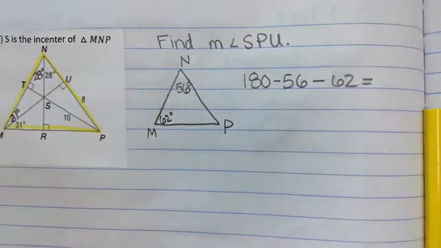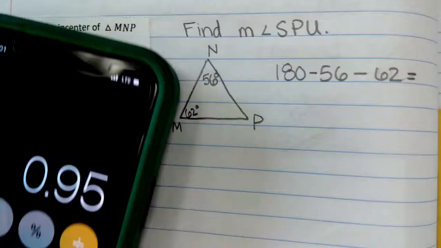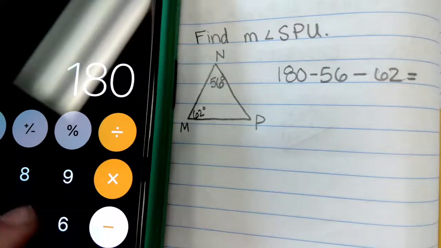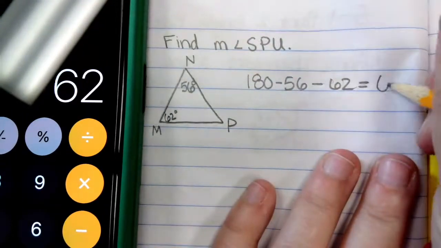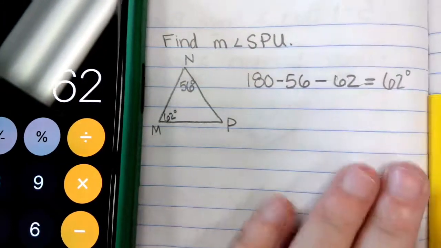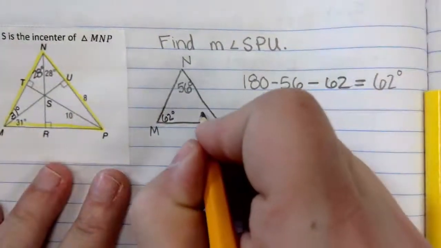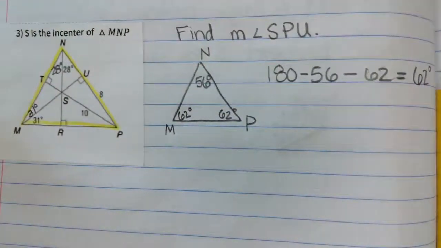If you want to add 56 and 62 together, you can. And I get 62. So I know that this angle P is 62 degrees, so it ends up being an isosceles triangle because two angles are the same.